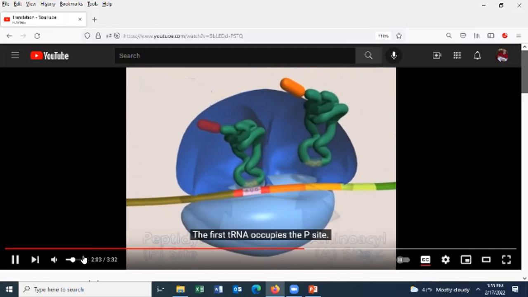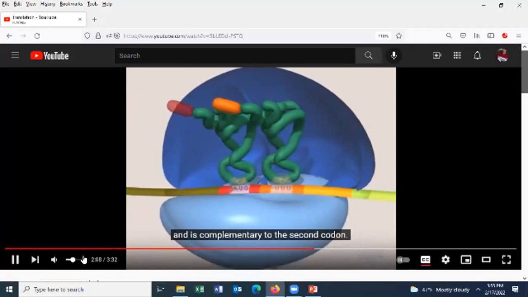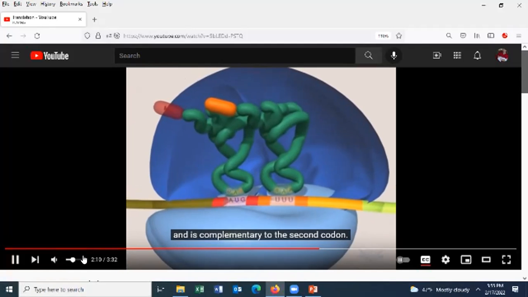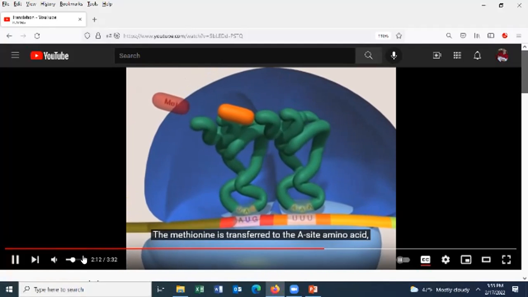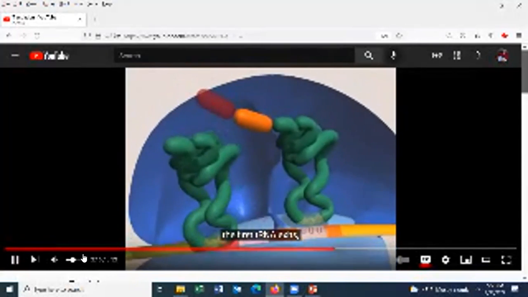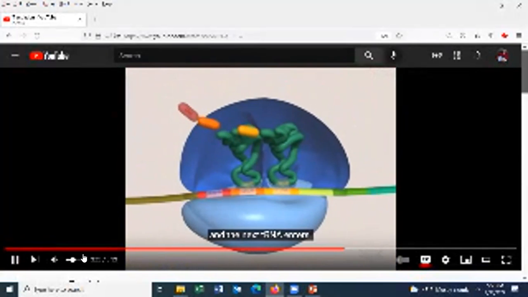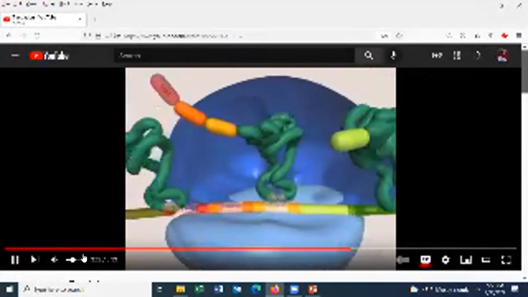The first tRNA occupies the P site. The second tRNA enters the A site and is complementary to the second mRNA codon. The methionine is then transferred to the A site amino acid. The first tRNA exits, the ribosome moves along the mRNA, and the next tRNA enters.